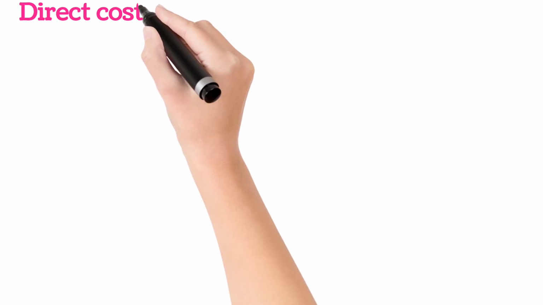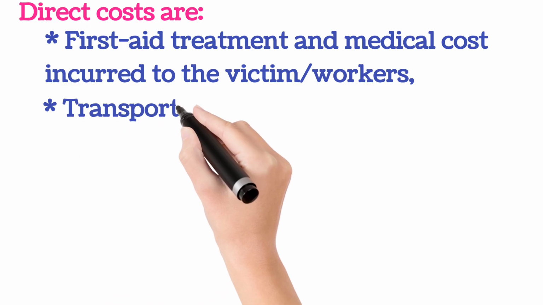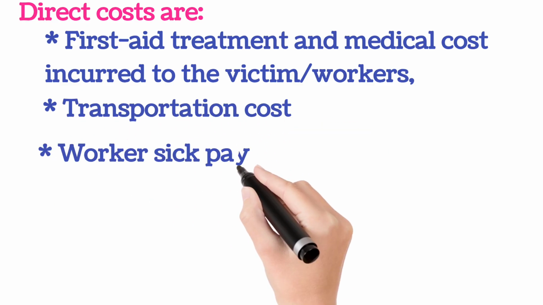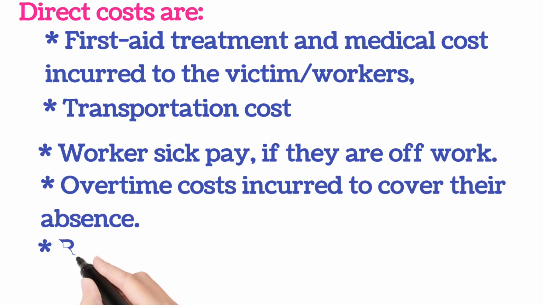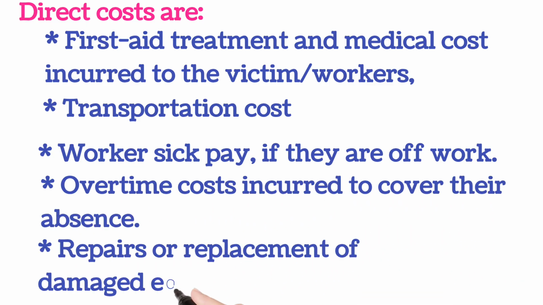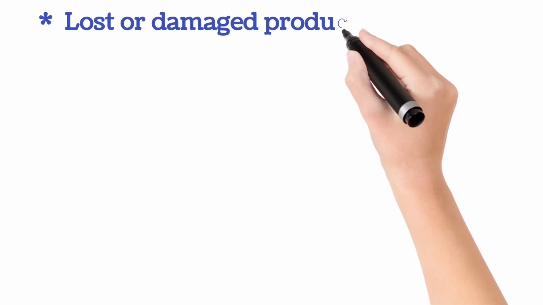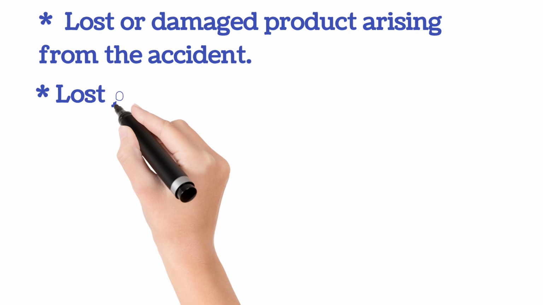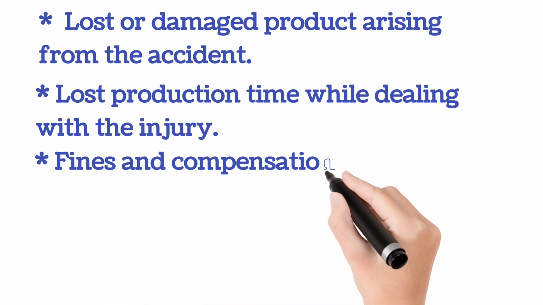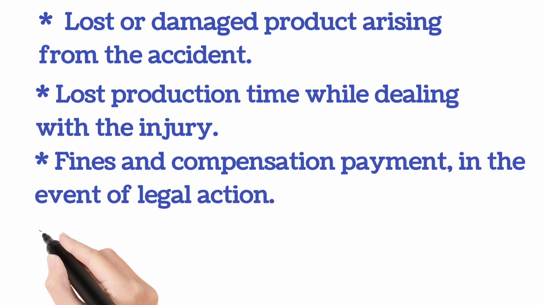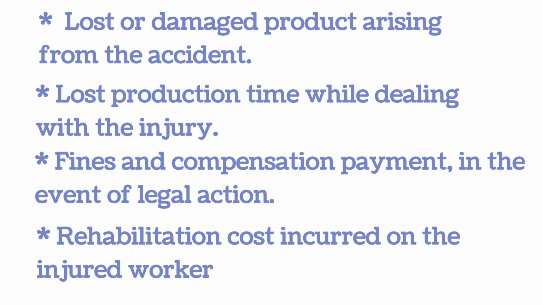Direct costs are first aid treatment and medical costs incurred for the victim or workers, transportation cost, workers' sick pay if they are off work, overtime costs incurred to cover their absence, repairs or replacement of damaged equipment and buildings, lost or damaged product arising from the accident, lost production time while dealing with the injury, fines and compensation payments in the event of legal action, and rehabilitation cost incurred on the injured worker.